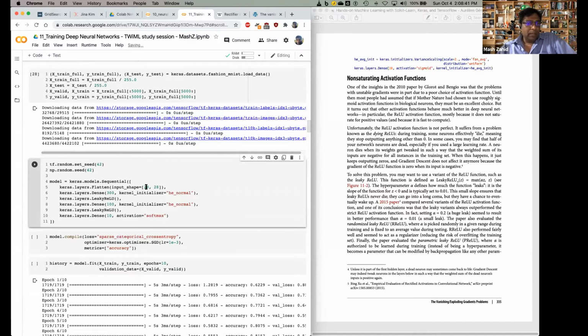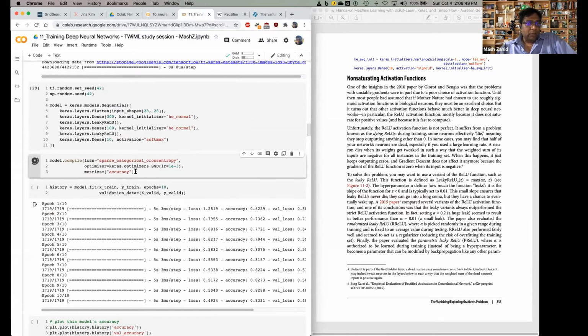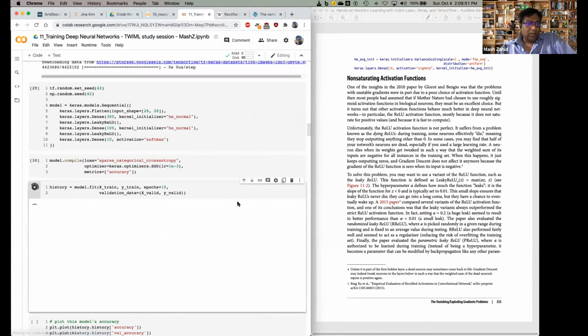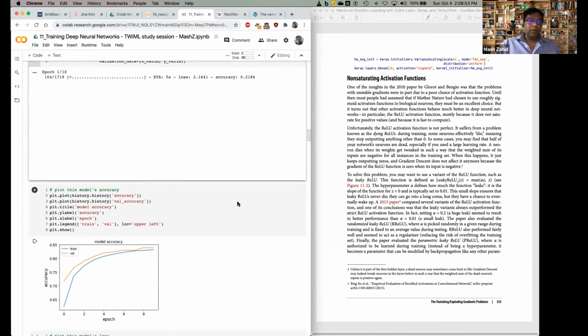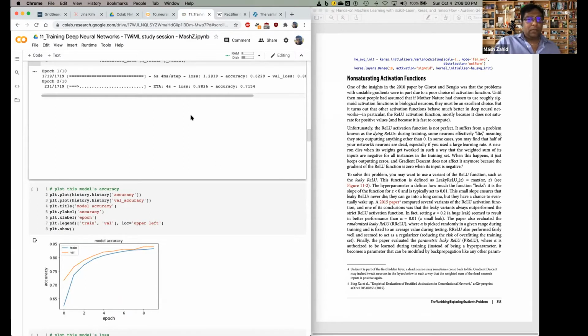Now that it's loaded up, here's how we define that model, and let's go ahead and compile it. Okay, we're going to train, and our metric is going to be accuracy. Just give it about a minute or so, and it will run. It does run fairly quickly on Colab. Even on my own laptop, it was a little bit faster.